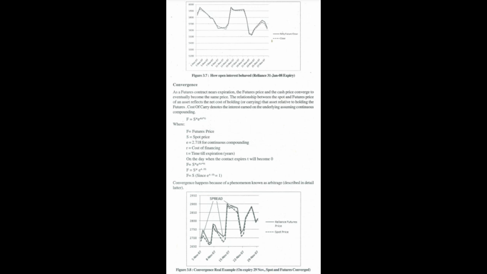Cost of carry denotes the interest earned on the underlying, assuming continuous compounding. F equals S e^(RT), where F equals futures price, S equals spot price, e equals 2.718 for continuous compounding, R equals cost of financing, T equals time till expiration, in years. On the day when the contract expires, T will become 0.